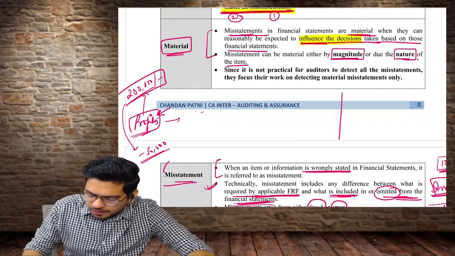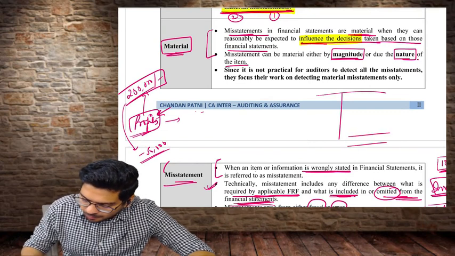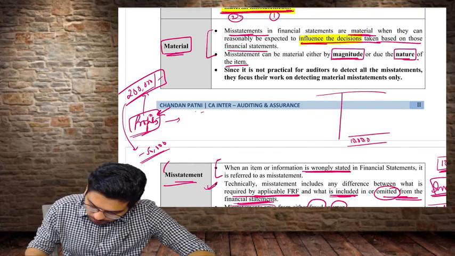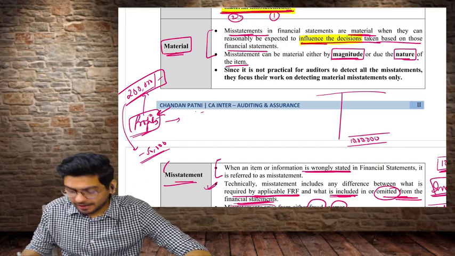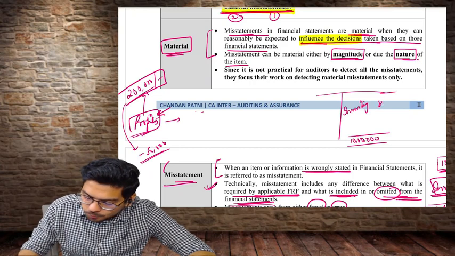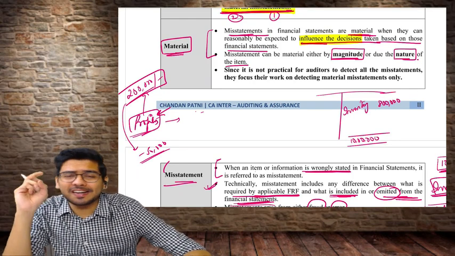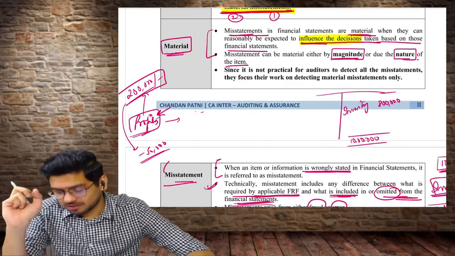Let's say we have a company and the total assets of the company are 10 lakhs. The company has inventory worth rupees 8 lakhs. Now please understand this.